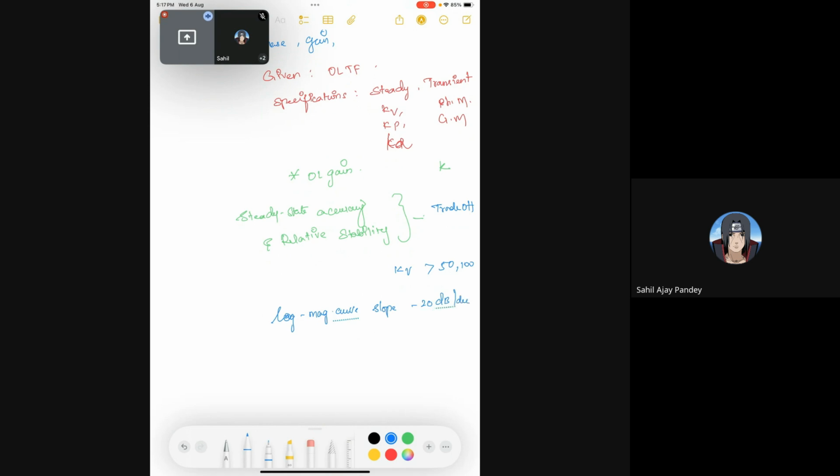This is the minimum requirement you would expect. If your system can achieve at least this, then only you can say there is a possibility to compensate. Otherwise, it is not at all possible to make your system pull towards left or right.